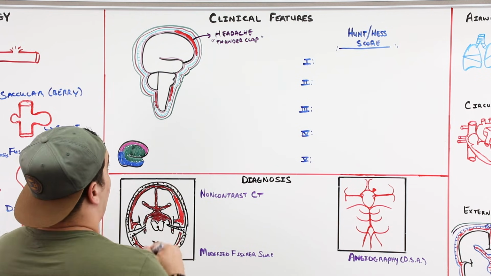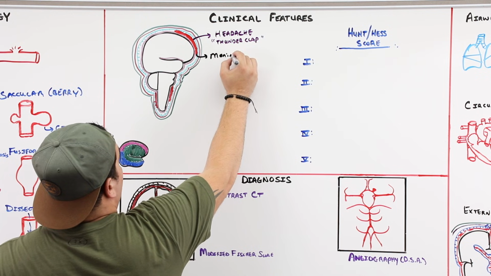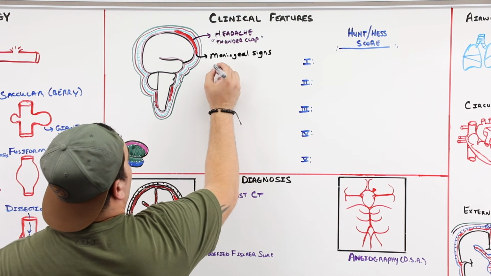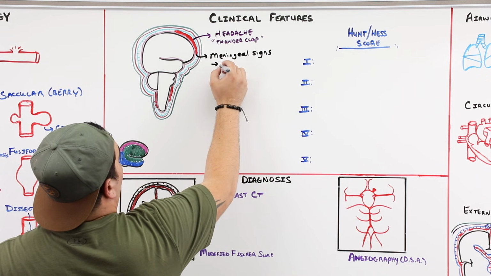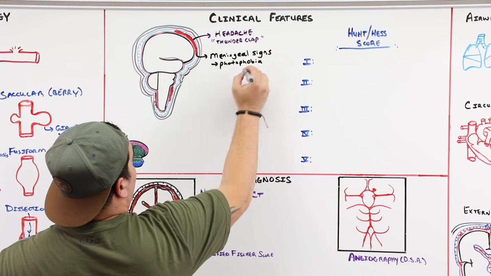What the heck does that mean? Whenever someone has meningitis, there are particular meningeal signs that we can see, and those include photophobia, so significant sensitivity to light.